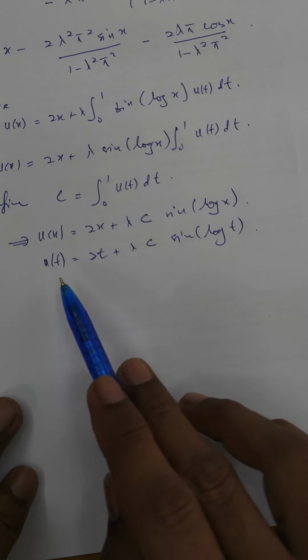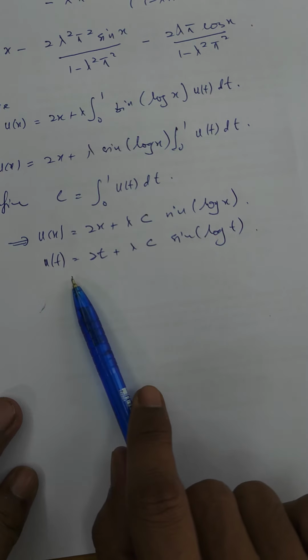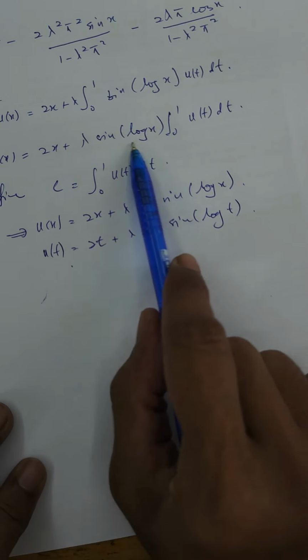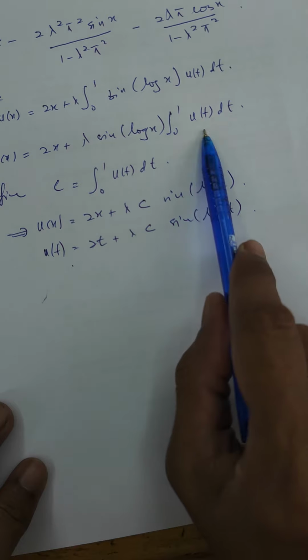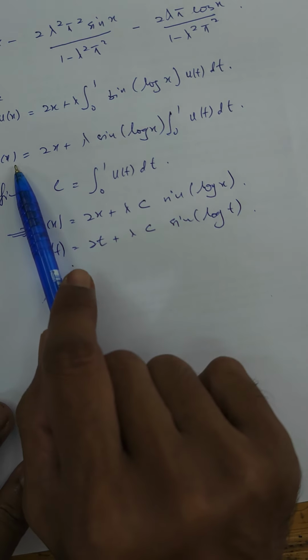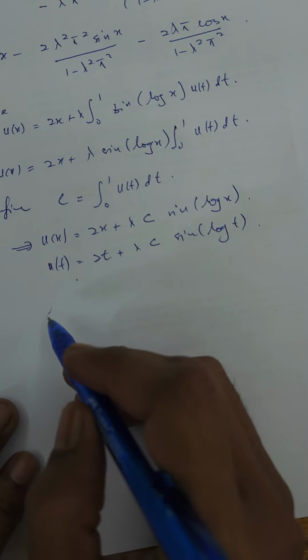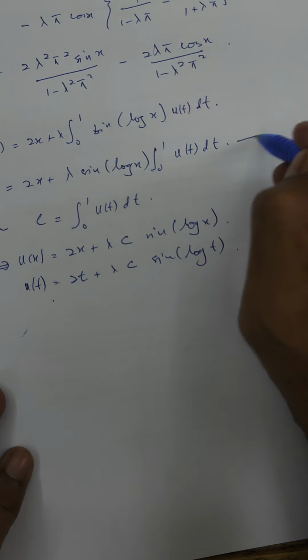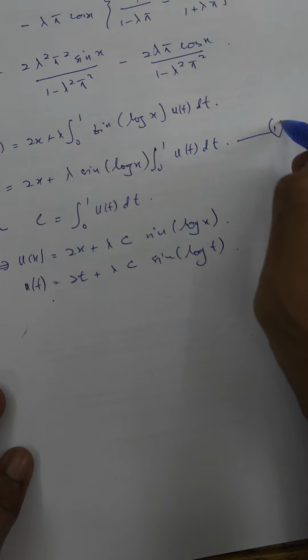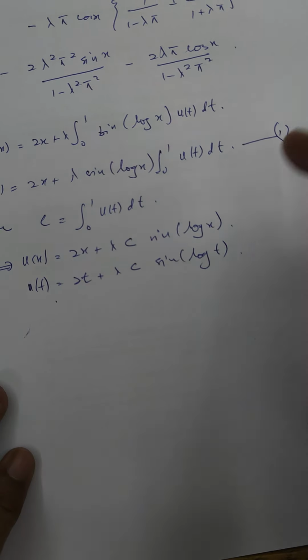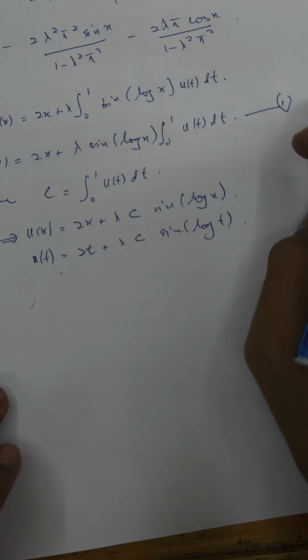Okay, so then we substitute this u(x) and u(t) into those. Let's say I call this equation number 1.